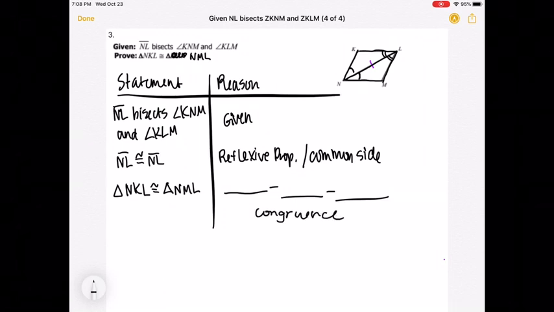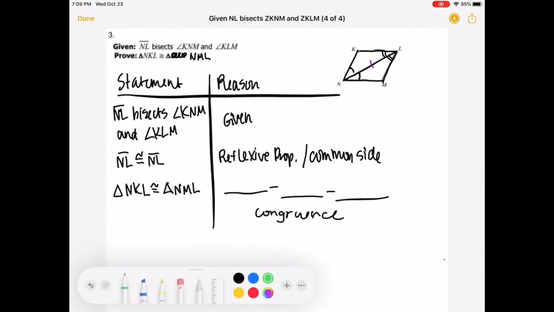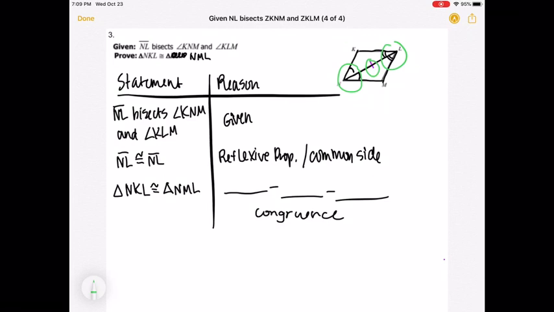Like side, side, side, whatever. So take a pause. Okay, so you should have found angle, side, angle. And that would be your final statement there.